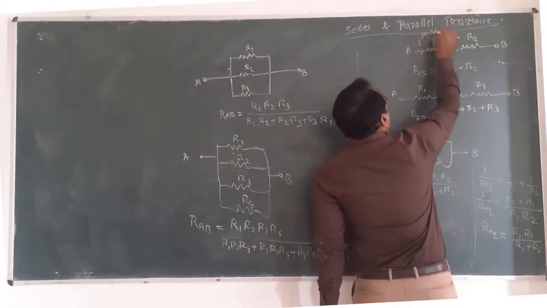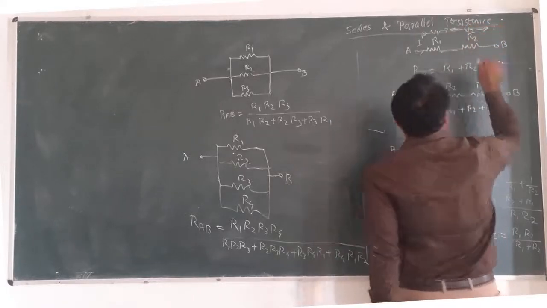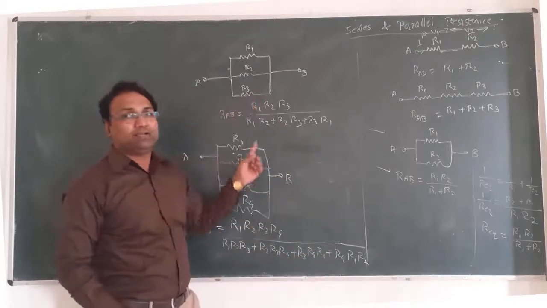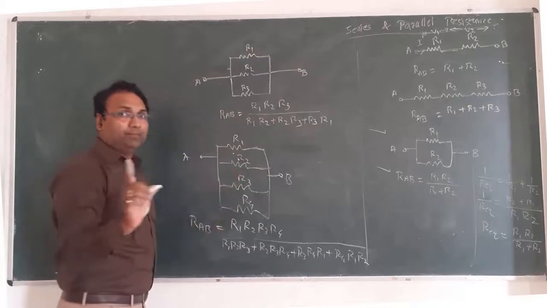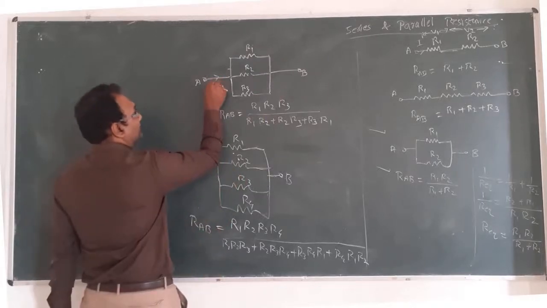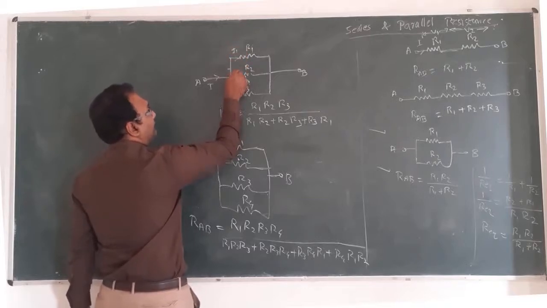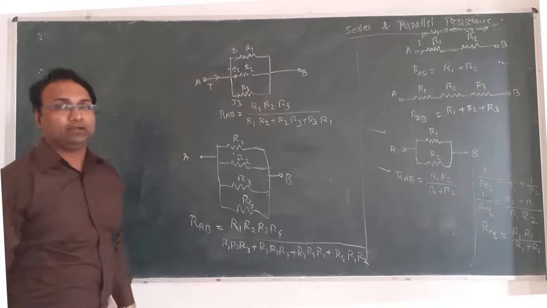The voltage drop across this resistance will be V1 and this will be V2. Whereas in parallel, the voltage will remain same but current will divide. So this total current I will be divided into I1, I2 and I3.